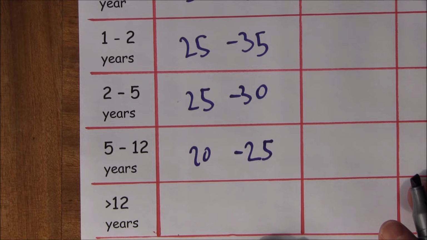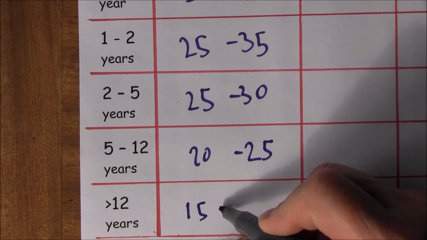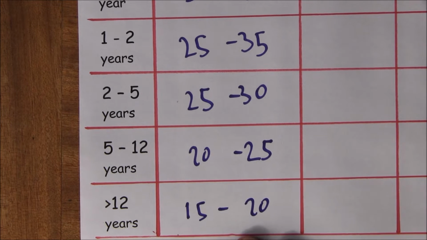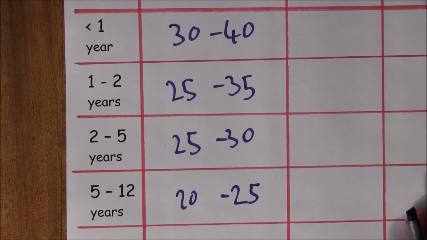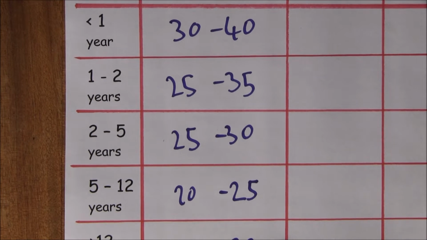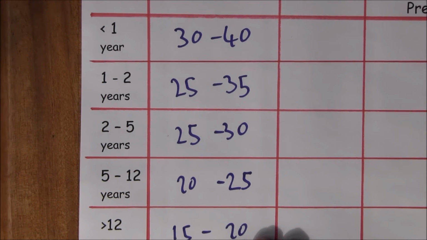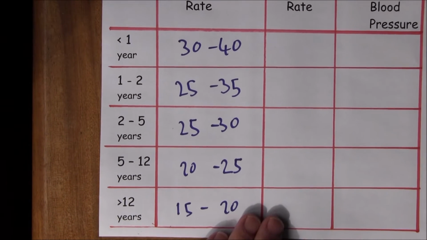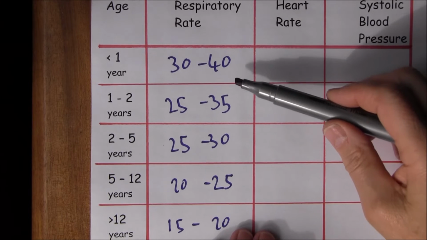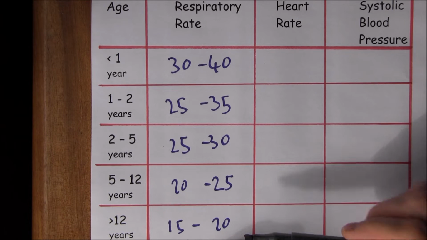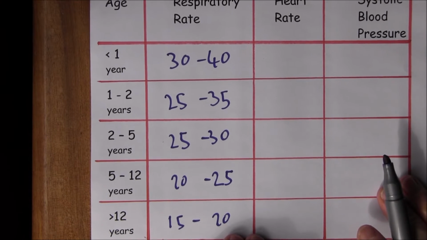And greater than 12 years, we're getting onto the normal adult values, 15 to 20. The adult values would normally be said to be 12 to 20. So we see this pattern of decreasing respiratory rate with increasing age.